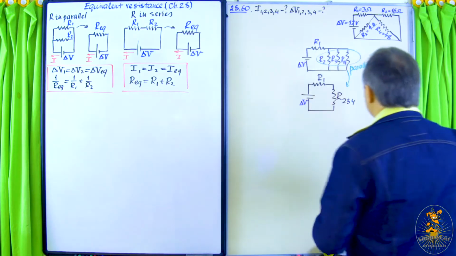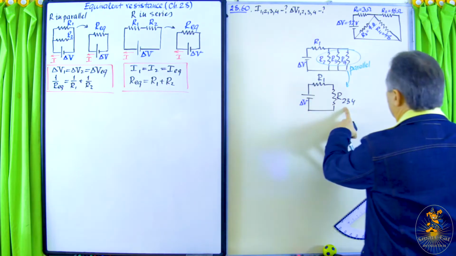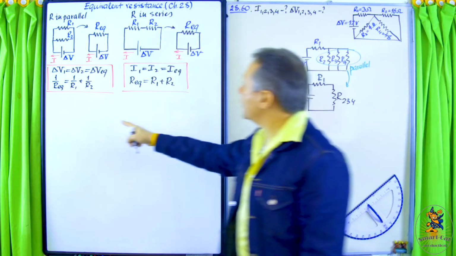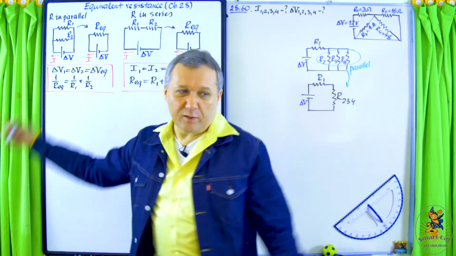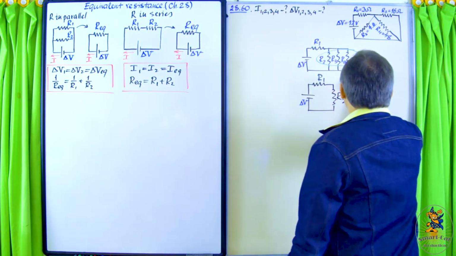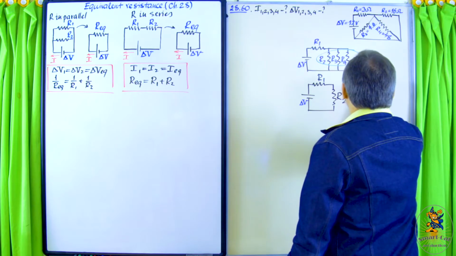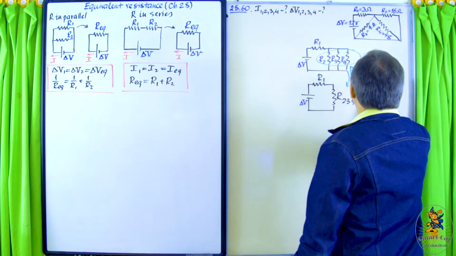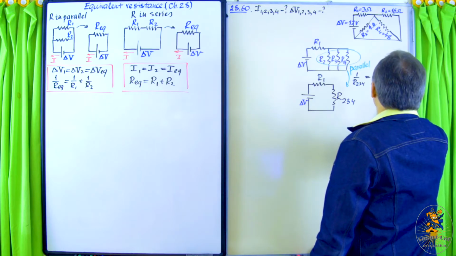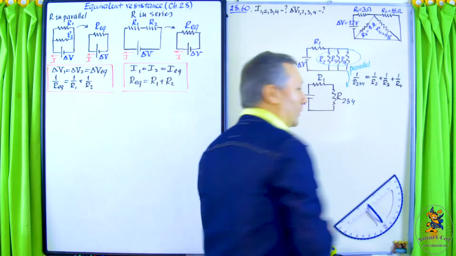Okay, and now of course we need to start calculating this R234. Of course, we need to use this formula, which I usually don't like applying. So 1 over R234 equals 1 over R2 plus 1 over R3 plus 1 over R4.